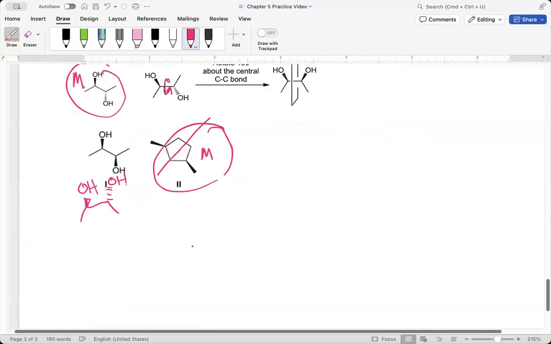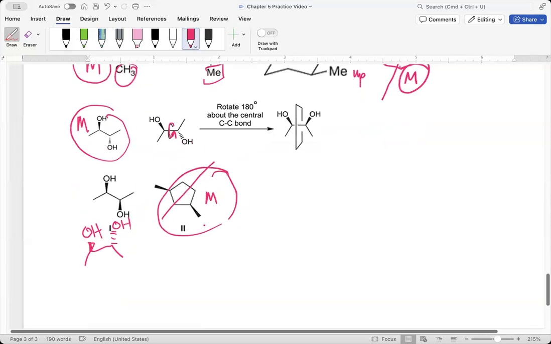All right, so those are just the practice questions, the chemical skills type questions. But remember, there were other things where we talked about optical activity. We talked about EE. We talked about how to calculate EE, which was the major enantiomer minus the minor enantiomer, and that would give us a percent EE.